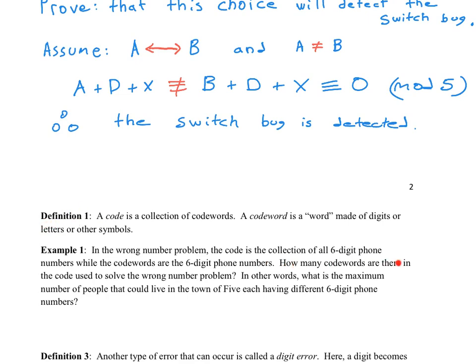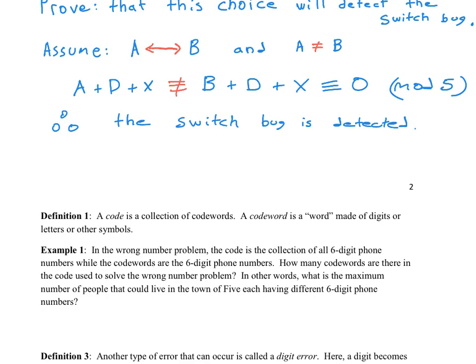How many code words are there in the code that we just used to solve the wrong number problem? Or in other words, what is the maximum number of people that could live in the town of 5, each one of those people having a different 6-digit phone number? So let you think about that for the moment, and we'll give you the answer right away.